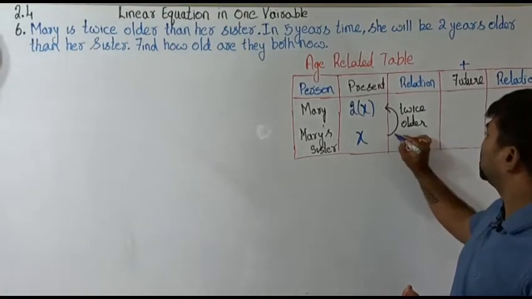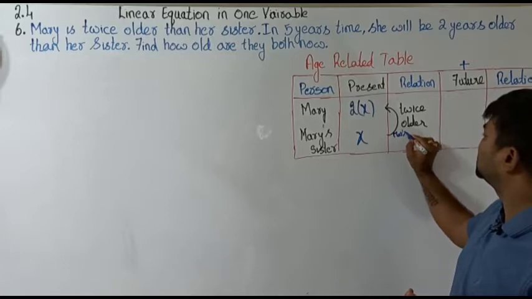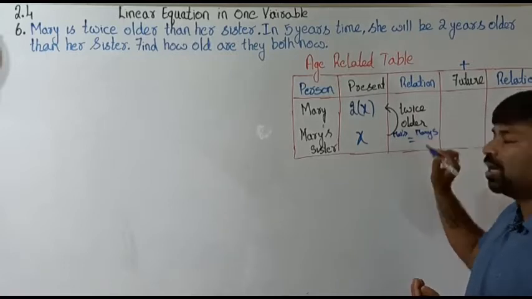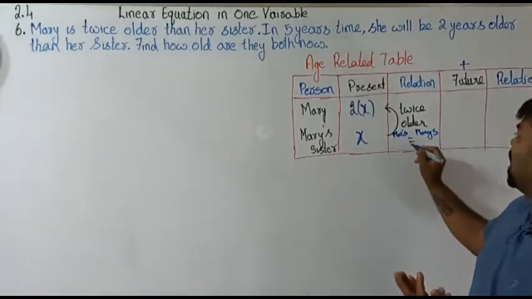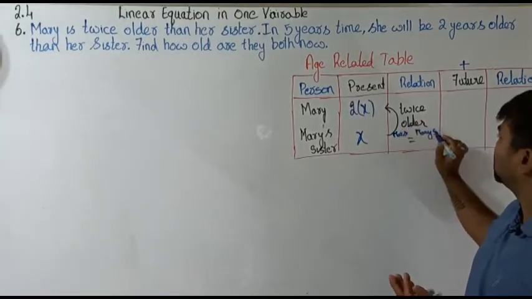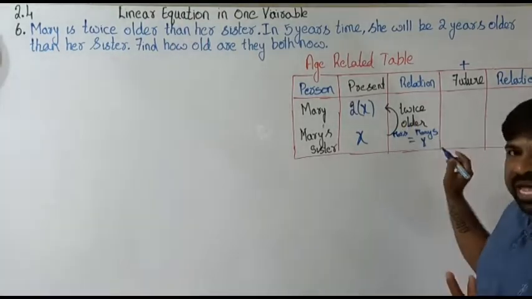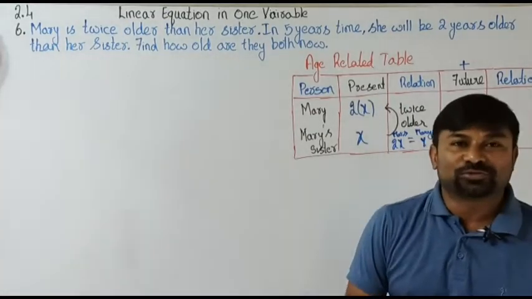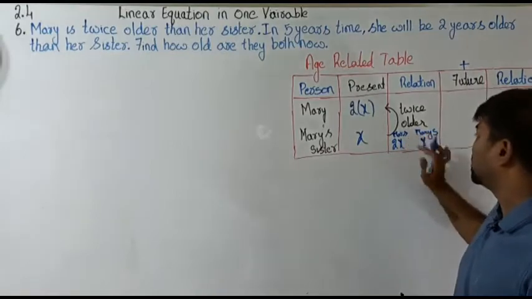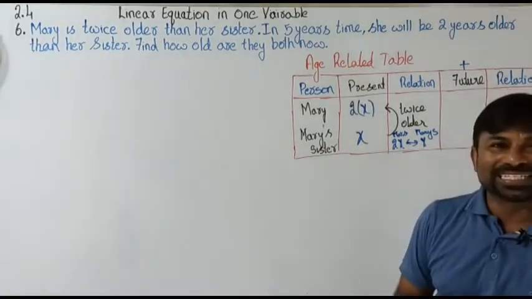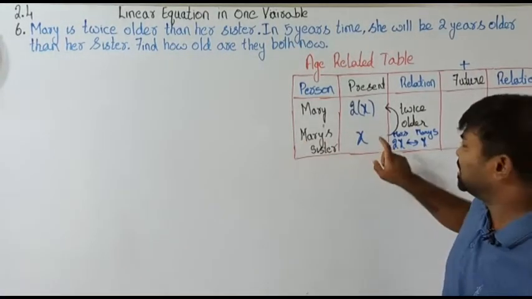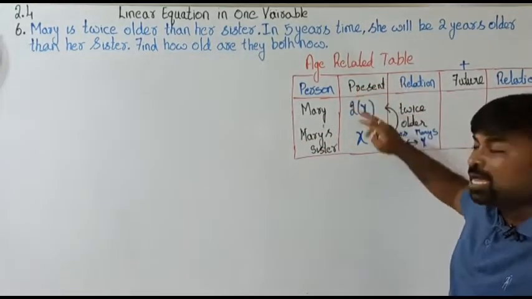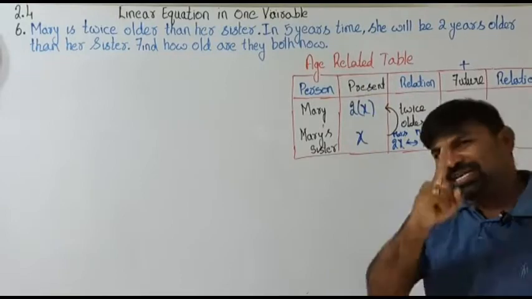If you take Mary's sister's age as x, then Mary will be 2x. So the relation is this: Mary's sister's age is x, and the age of Mary is double of that, 2x. That is the first one.